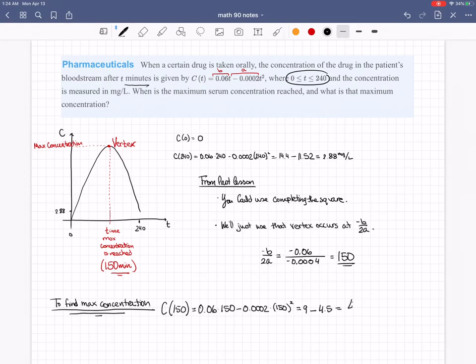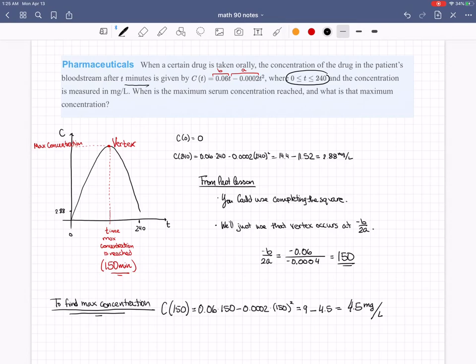So the maximal concentration that the drug reaches in our system, if this is the concentration function, is 4.5 milligrams per liter. So again, knowing the concentration may also be a part of the conversation about dosage. So maybe we're going to determine, hey, is this concentration dangerously high?